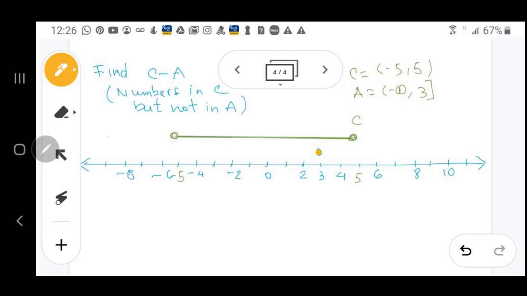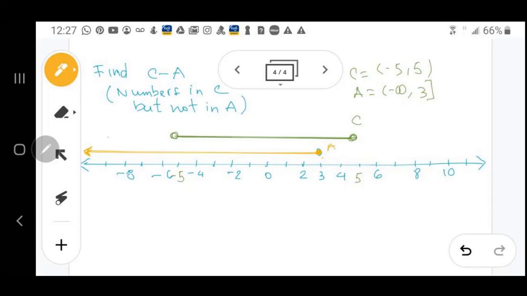And since it comes from negative infinity, let me shade the region to the left. So my arrow comes from the left. I draw a ray pointing to the left. So my graph comes from negative infinity up to 3, and this interval is called A.